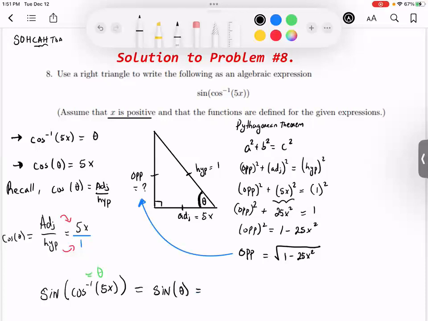From SOHCAHTOA, sine of your acute angle is opposite over hypotenuse. So the opposite is the square root of 1 minus 25x squared, divided by 1, which is equal to the square root of 1 minus 25x squared. And that would be the solution to problem number 8 on the sample final.